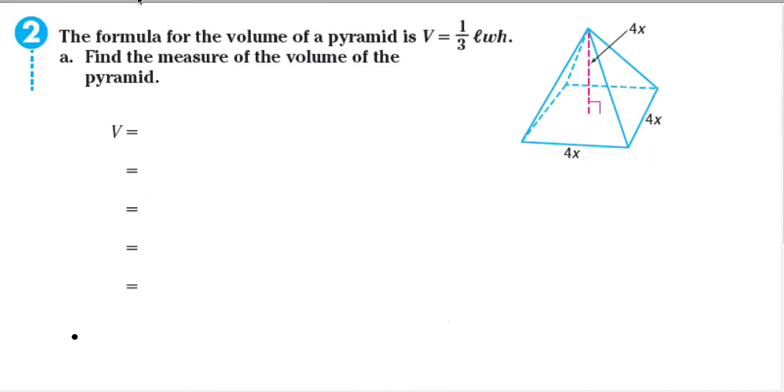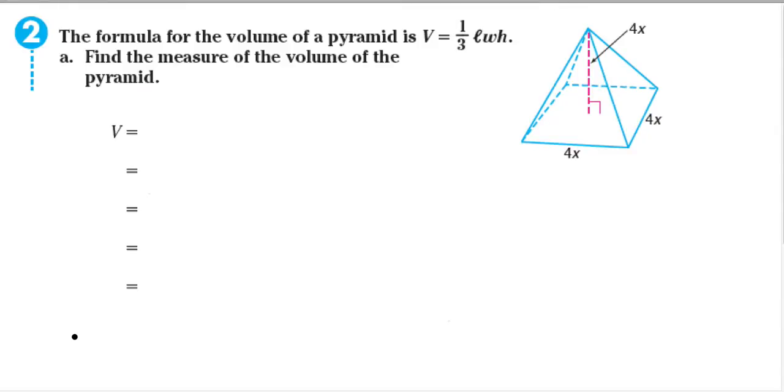Let's see how this works. Example number 2: the formula for volume of a pyramid is 1/3 length, width, and height. Find the measure of the volume of the pyramid. Why is this 1/3 length times width times height?